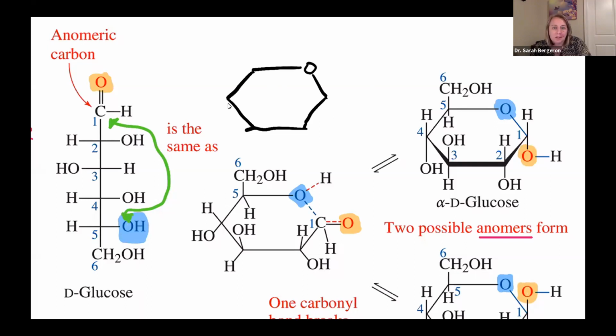So if this oxygen right here, that makes this carbon 1. So what's going to be attached to carbon 1? Well, you're going to have this hydroxyl, and you're going to have this oxygen here.